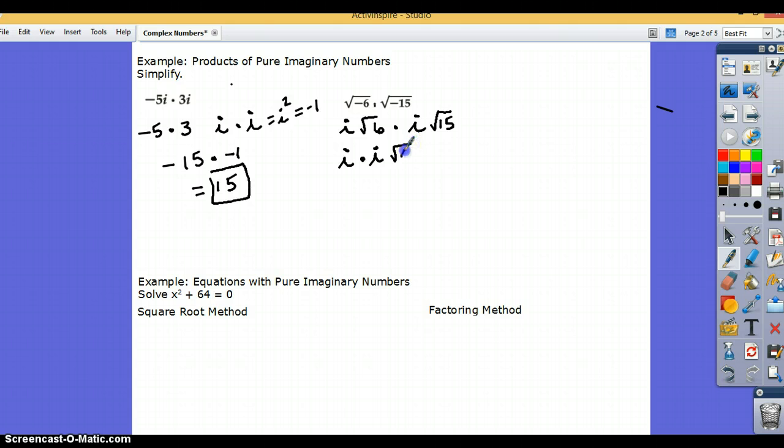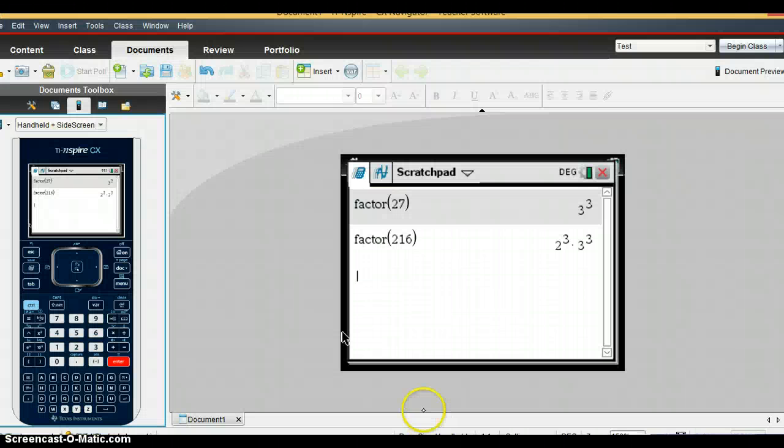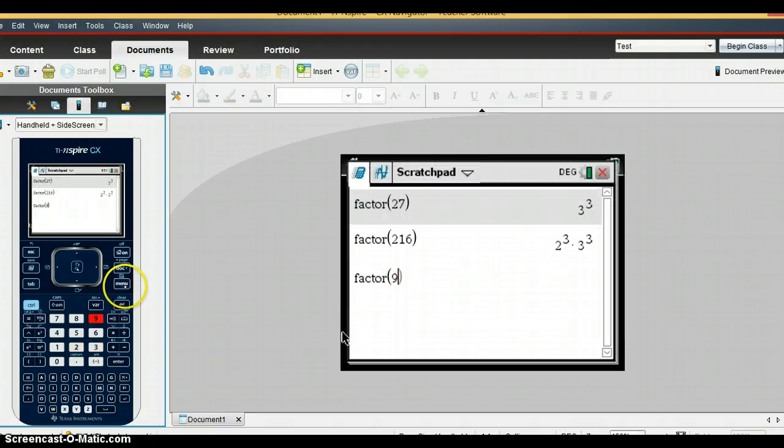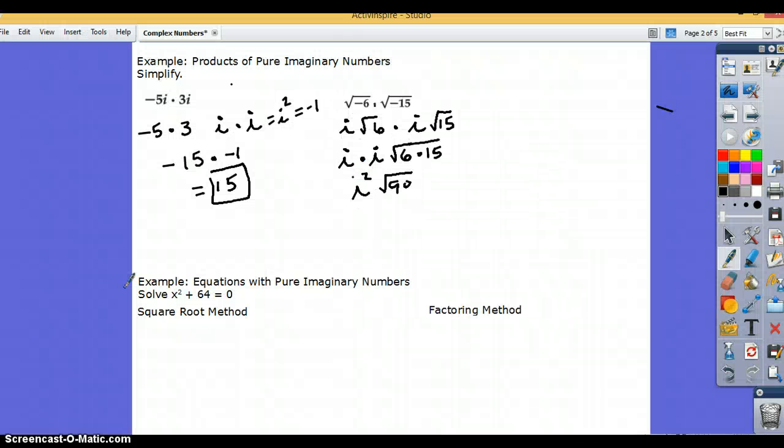And then I have 6, the square root of 6 times 15. Okay, so that's i squared times the square root of 90. I need to simplify that 90, square root of 90. So menu 2, 3, 90 is 2 times 3 squared times 5.